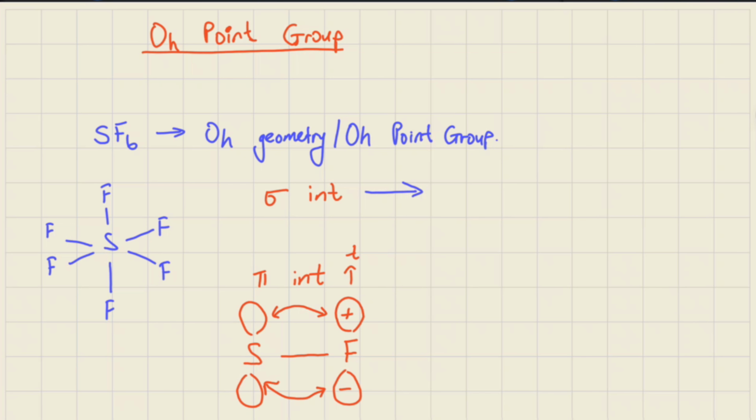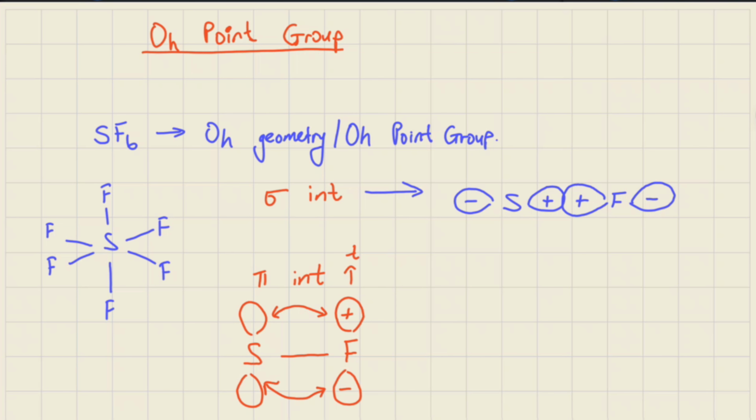And sigma interaction can be represented something like that. So we have a plus sign here, we have a minus sign here, we have a F atom, and there's a minus and plus sign of the orbitals.